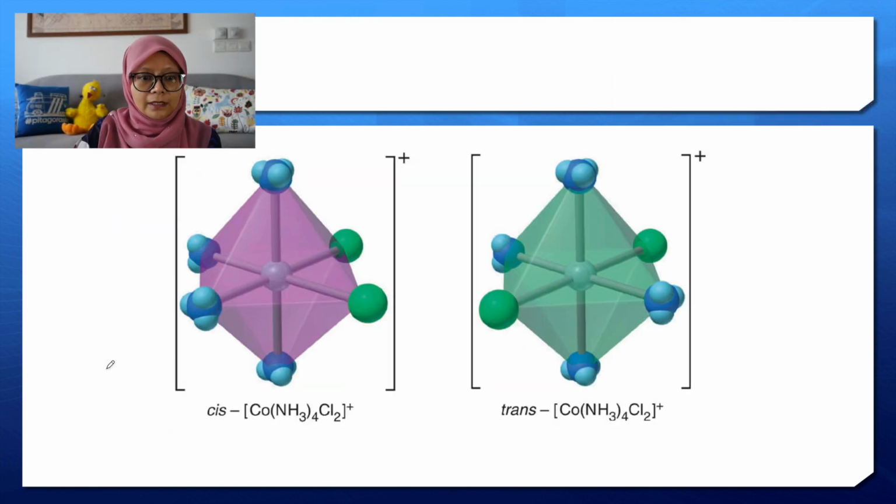Another example here, we have a cobalt complex ion. Here we have cis, where we have the same side of ligand, and then we have trans, where we have the opposite side of the ligands.